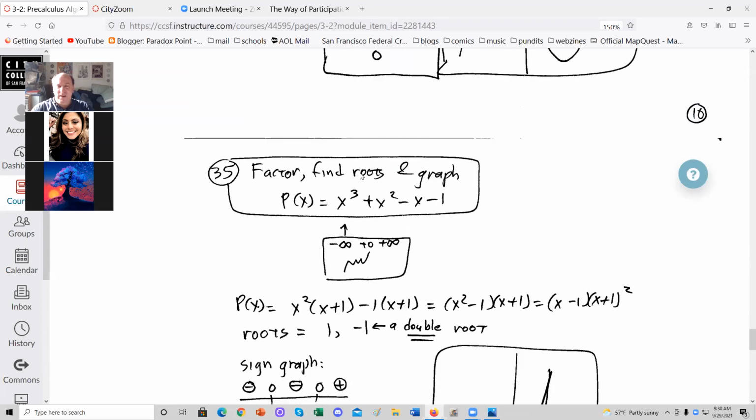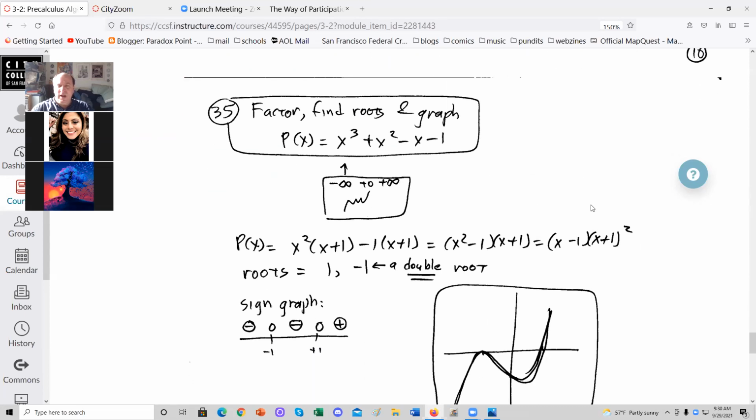Here we have find factors, roots, and graphs of P(x) equals x cubed plus x squared minus x minus 1. Because it's 1 times x to the third, it goes from negative infinity to positive infinity. All right, I can start factoring easily enough. These first two terms have a factor of x squared times (x plus 1).